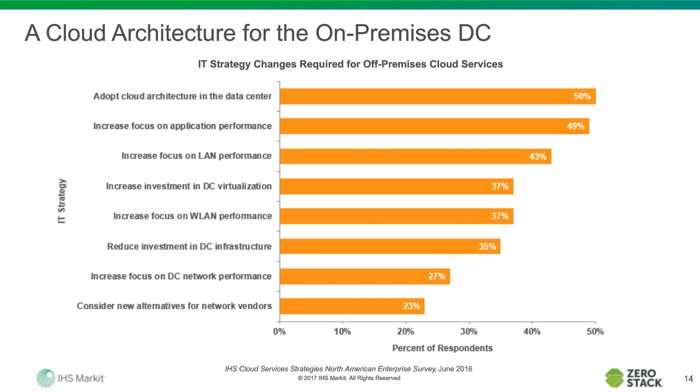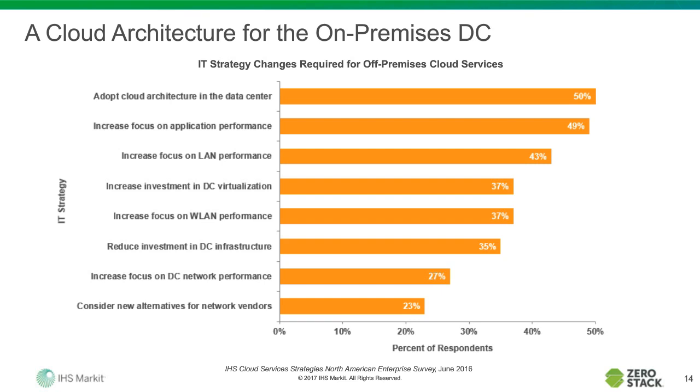And the top one is, believe it or not, adopt the cloud architecture in their on-premise data center. So what they're saying is that in terms of making the step, they have a lot of work to do in their own home, so to speak.